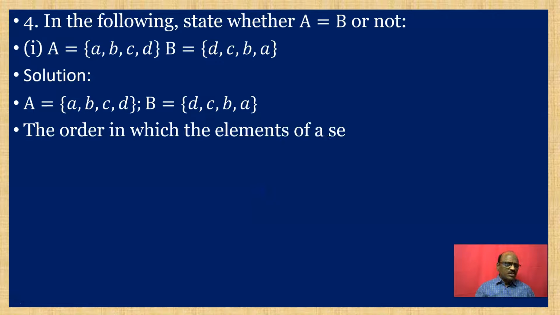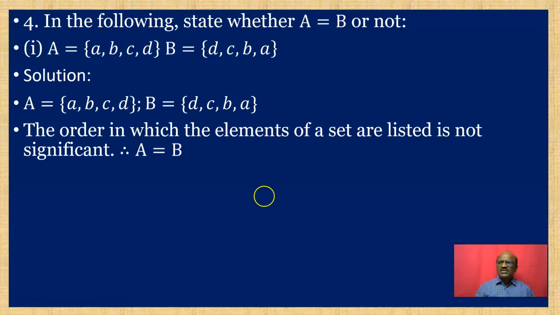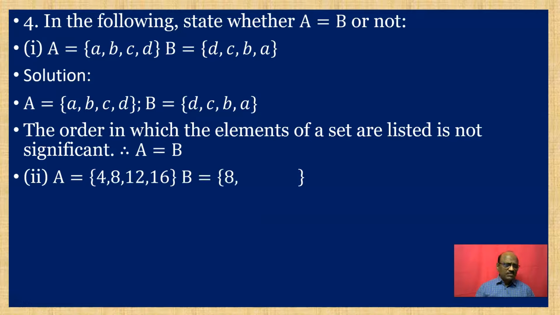The order in which the elements of a set are listed is not significant, and therefore A is equal to B.